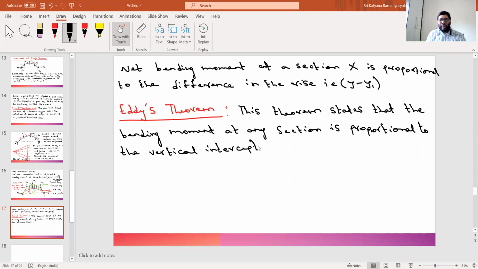Vertical intercept between what? Between the actual arch and the linear arch.